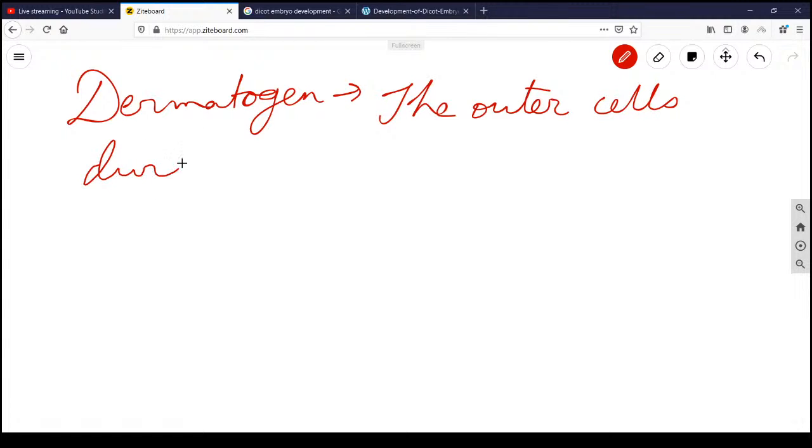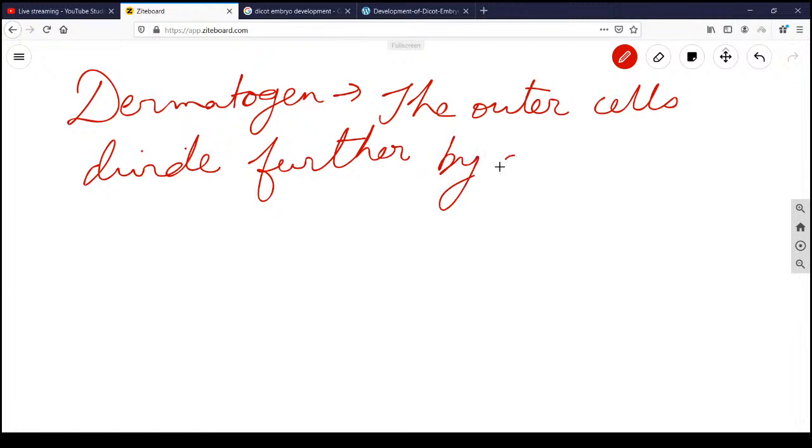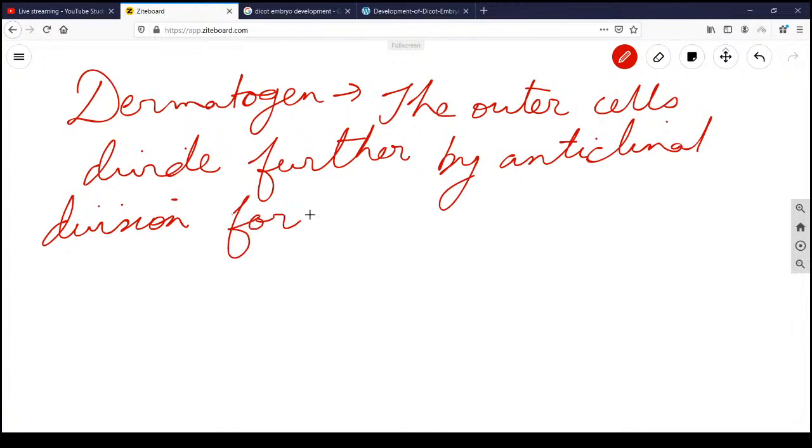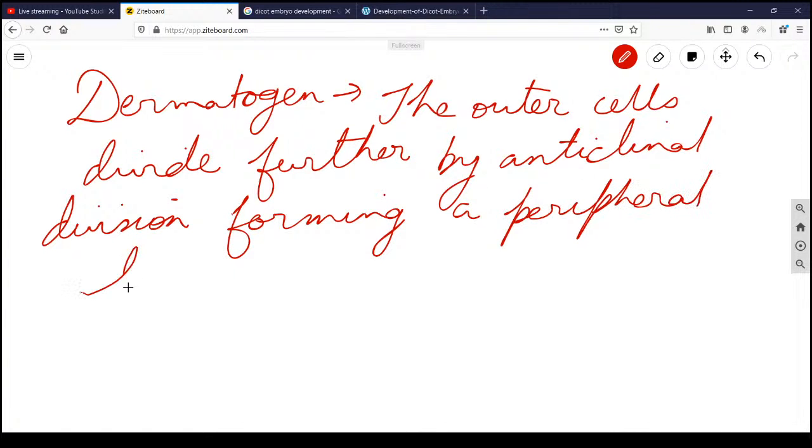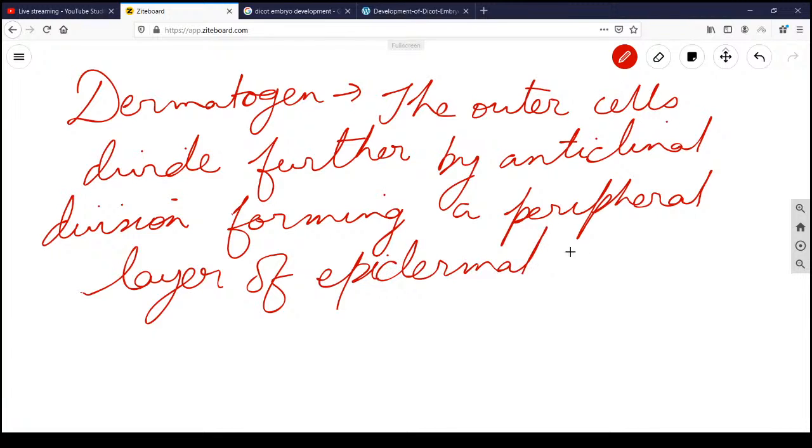They divide further by anticlinal division, forming a peripheral layer of epidermal cells, that is known as the dermatogen.